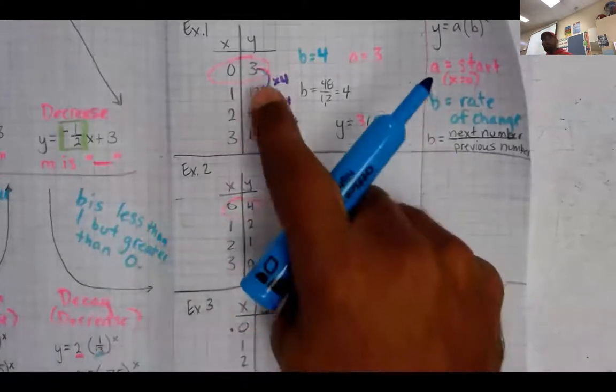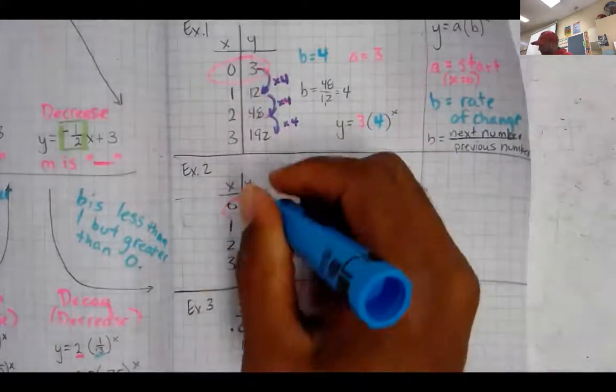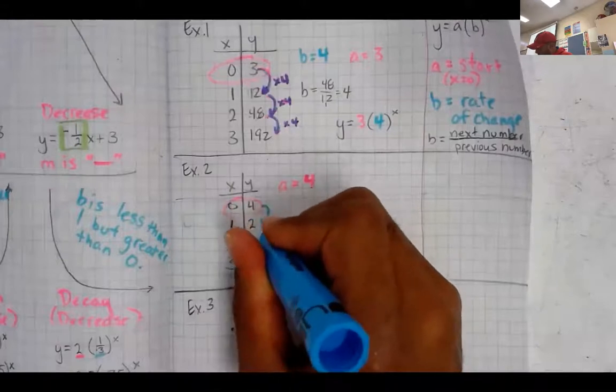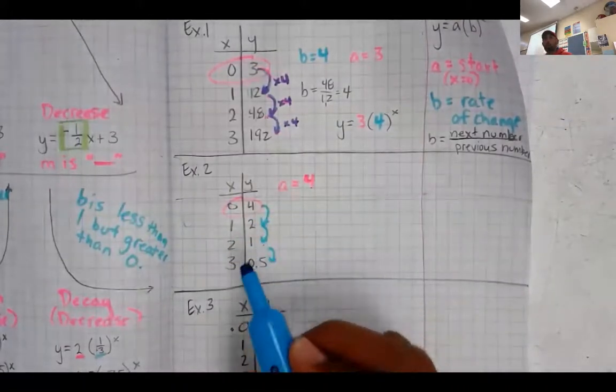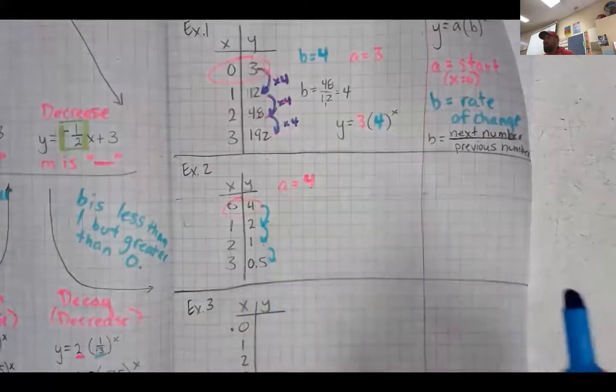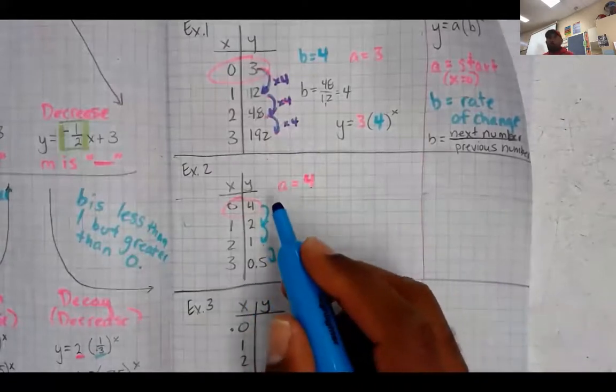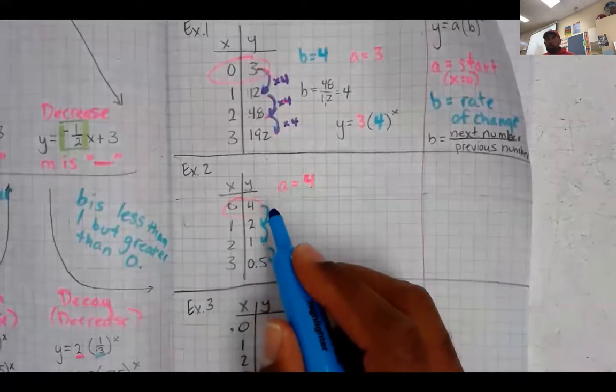So again, you could just look for it, recognize it, and say, okay, as I go from here to here, what am I doing? Now, what you guys will think, and does work, is you'll say, well, I divide by 2.